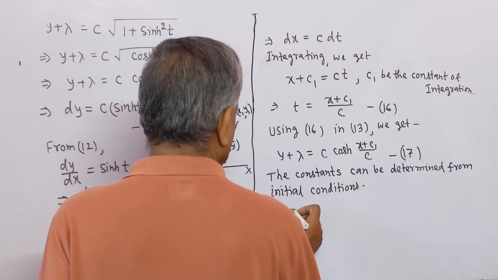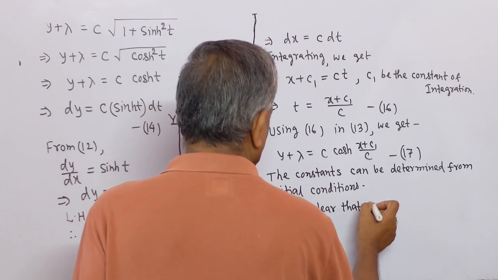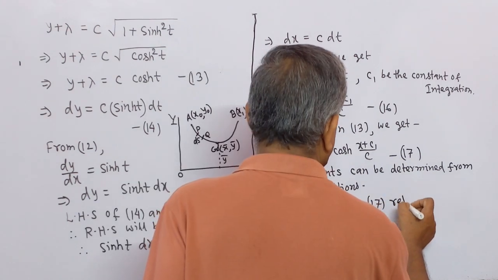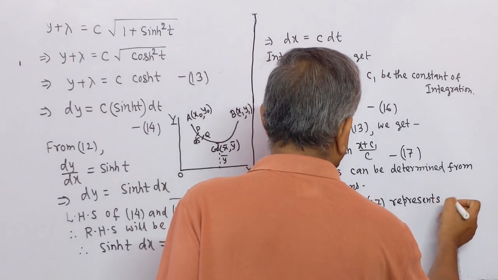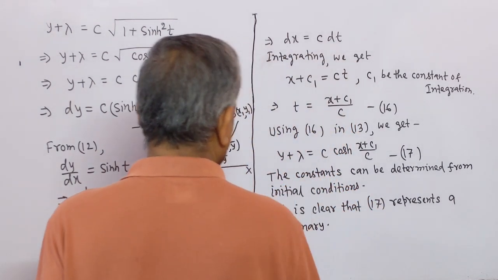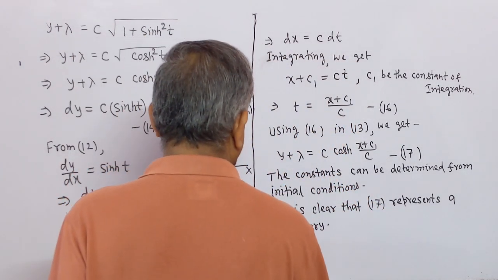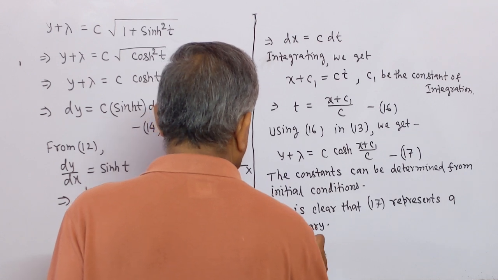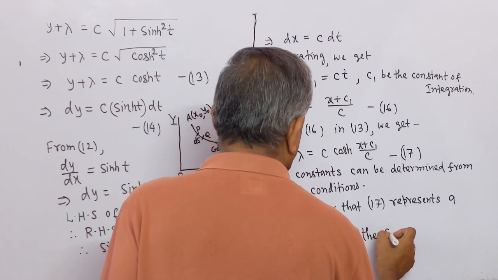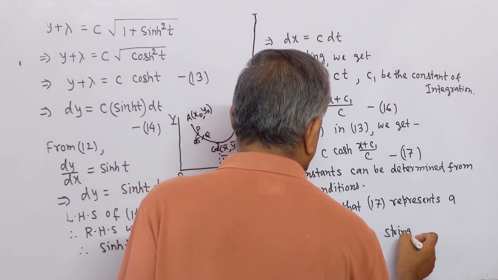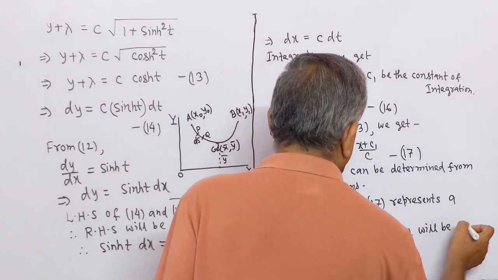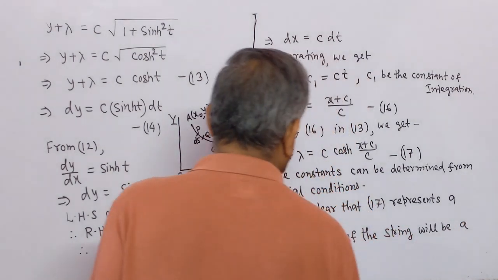It is clear that 17 represents a catenary. Therefore, the shape of the string will be a catenary.